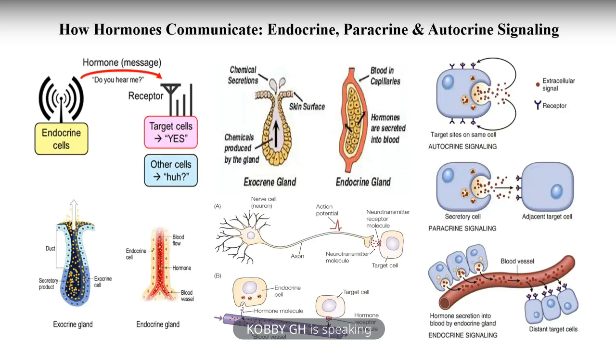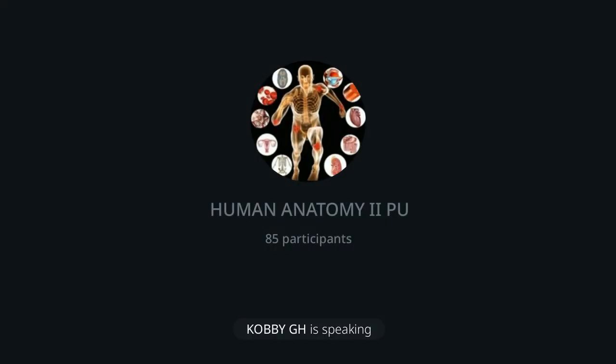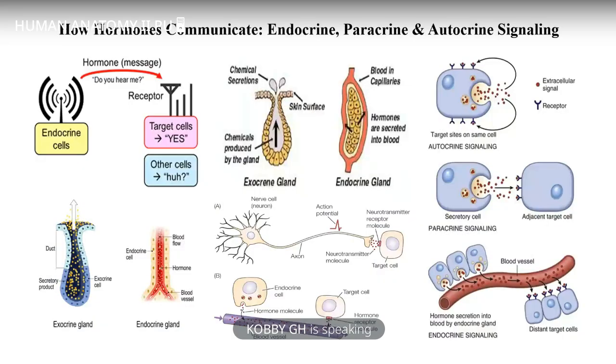Now, when we say paracrine signaling, it simply means that a gland produces a hormone, and the hormone goes to influence another organ. So you see, we have gland A producing a hormone. But can you see receptors of the hormone on that same gland?